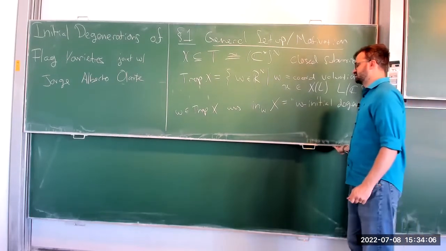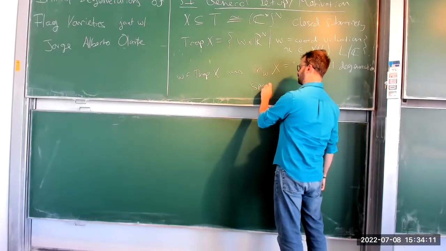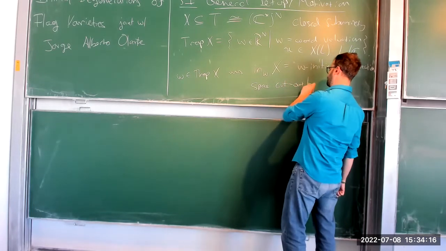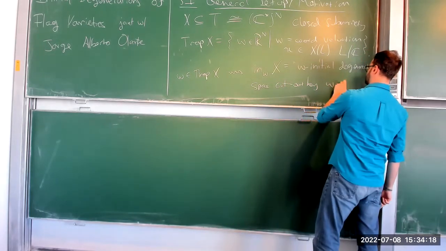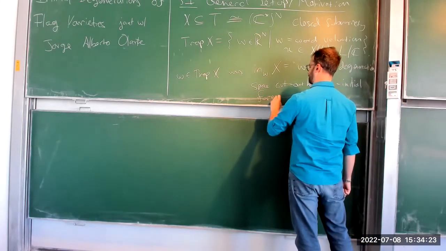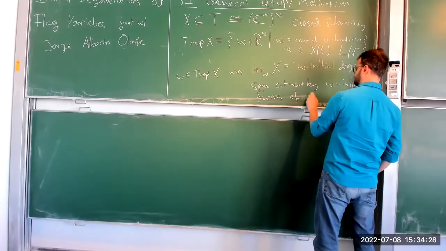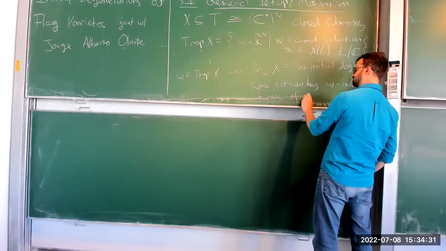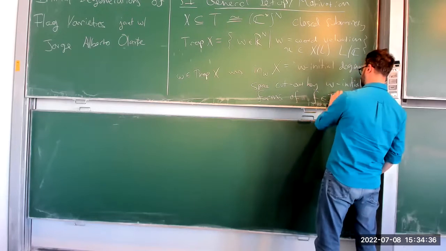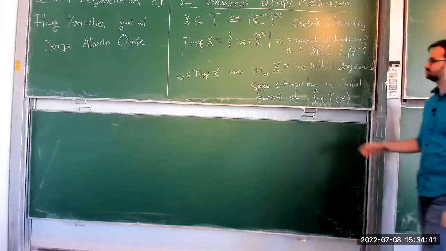So maybe a succinct way of summarizing this is it's the space cut out by the W initial forms of elements of the ideal of X.